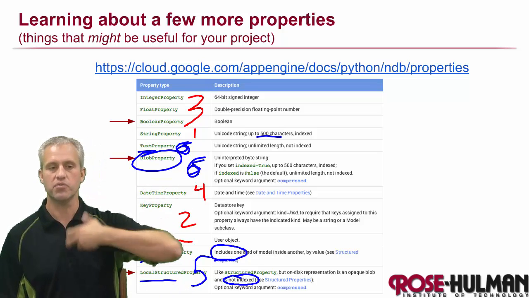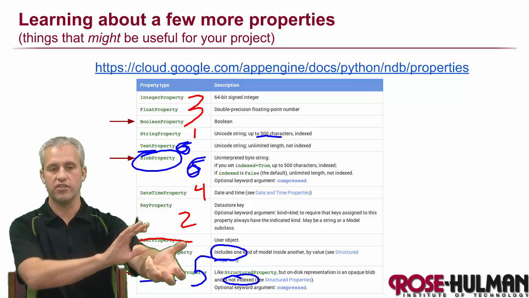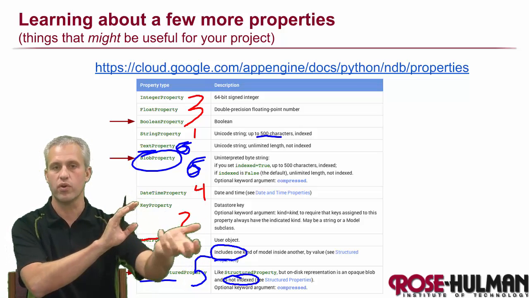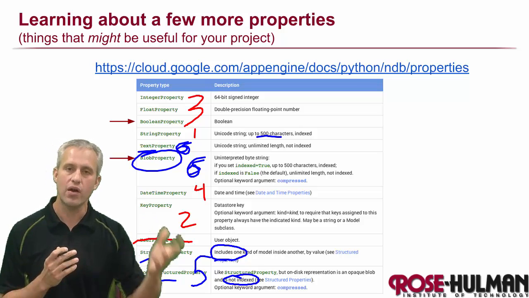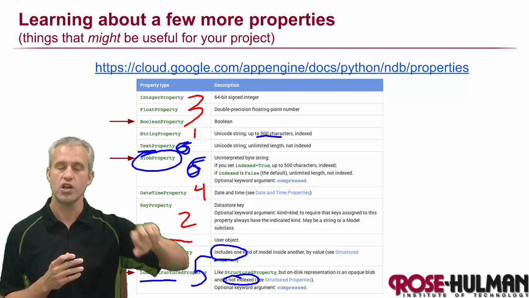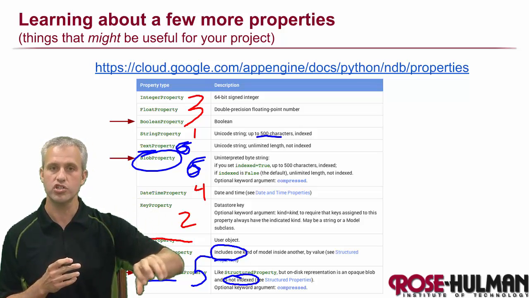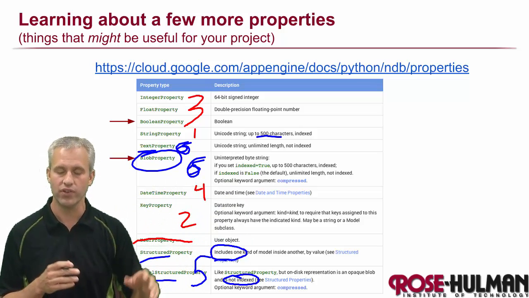This is if you just want to keep some kind of data around that you don't need to index at all. You just want to keep it around. Some people say that's a great way to store images. Well, not really. If you've got a file like an image, you should use cloud storage, and we'll talk about that some other day, hopefully.